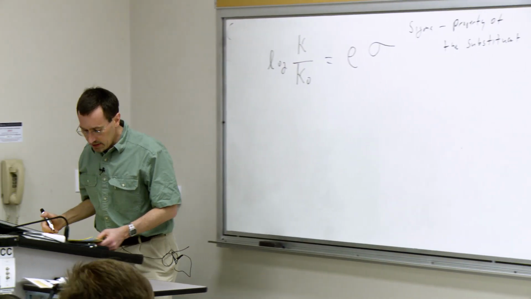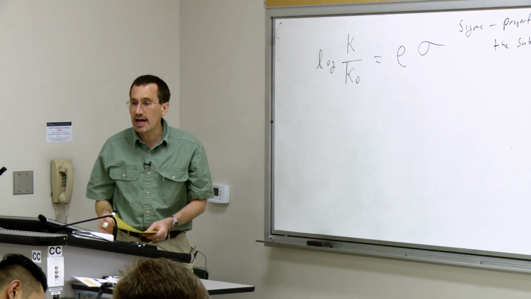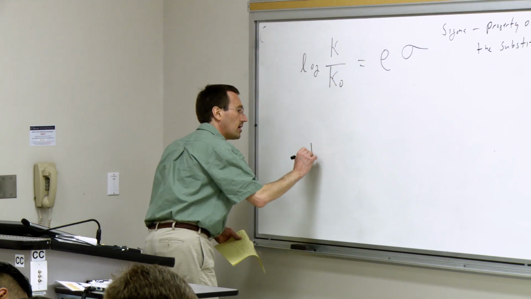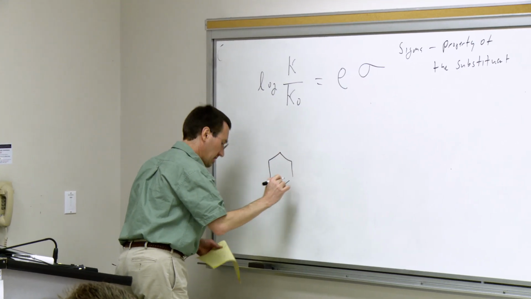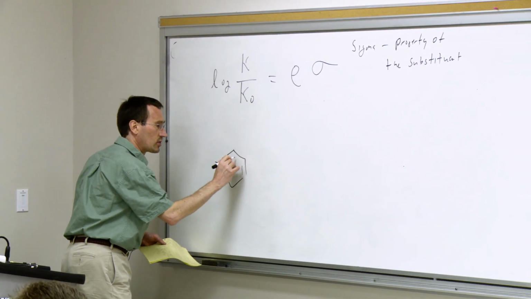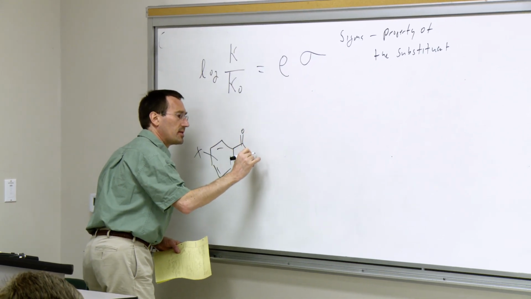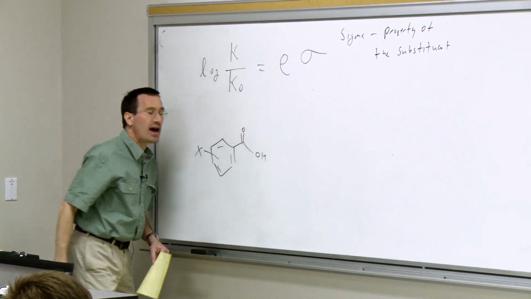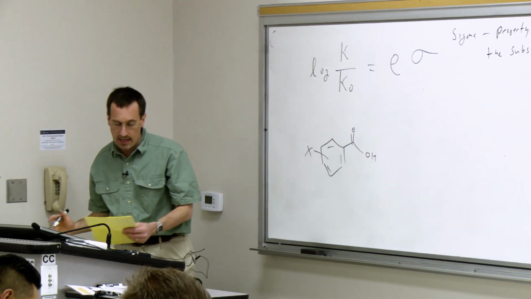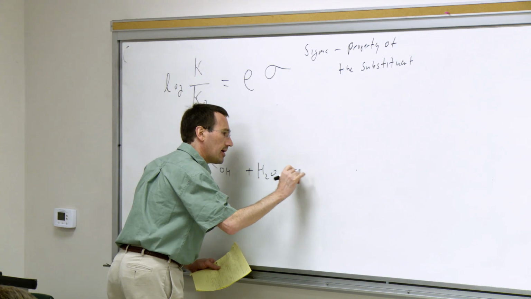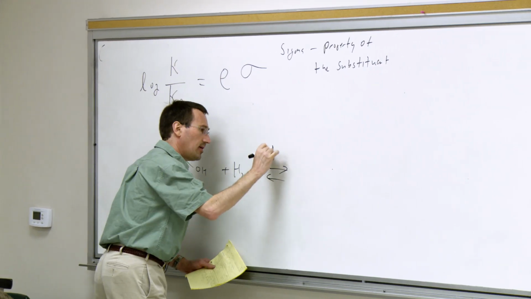So in other words, if we have an equation like the ionization of those acids, and I'll again write this in generic terms with the X group going to either the meta or the para position, we have the carboxylic acid plus H2O in equilibrium.